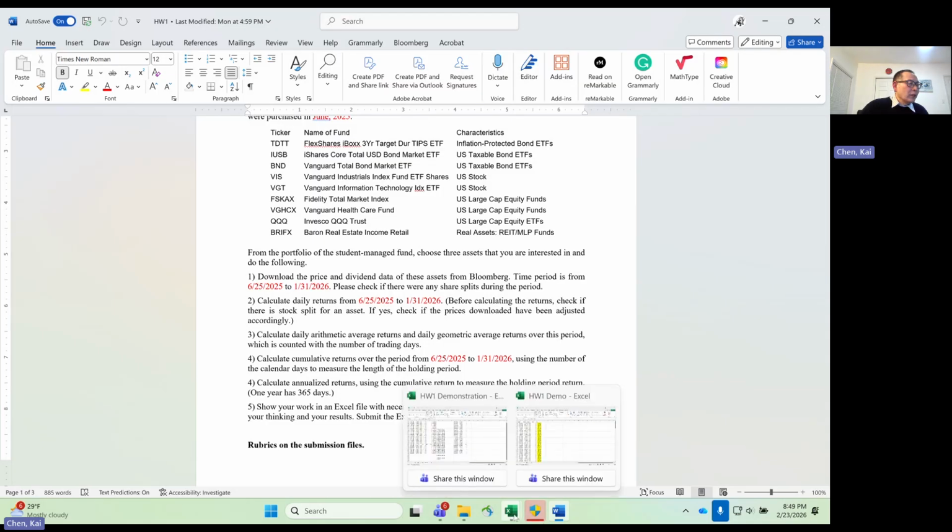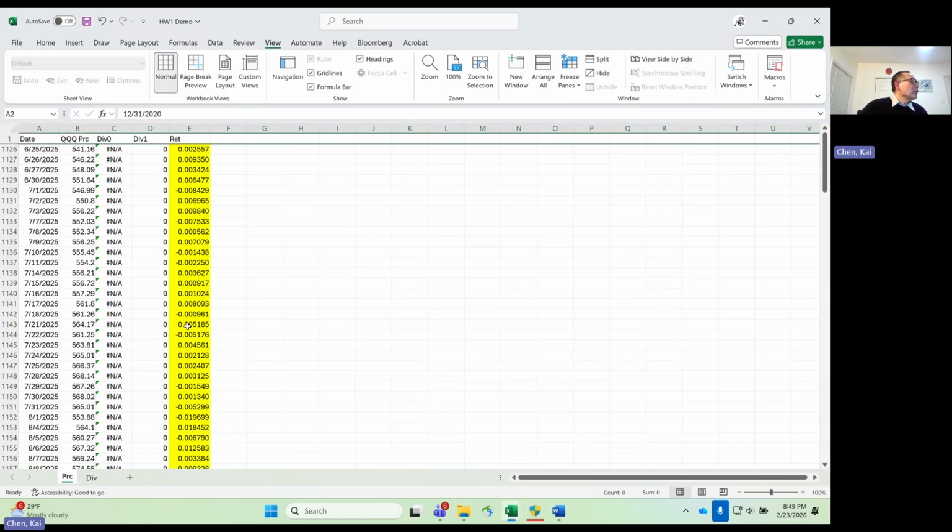That means from June 25th, that is from row 1126, to January 30th, that is row 1277.